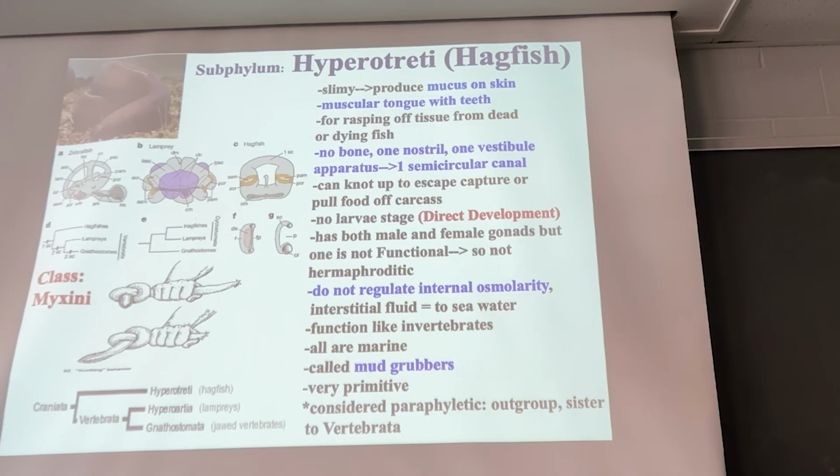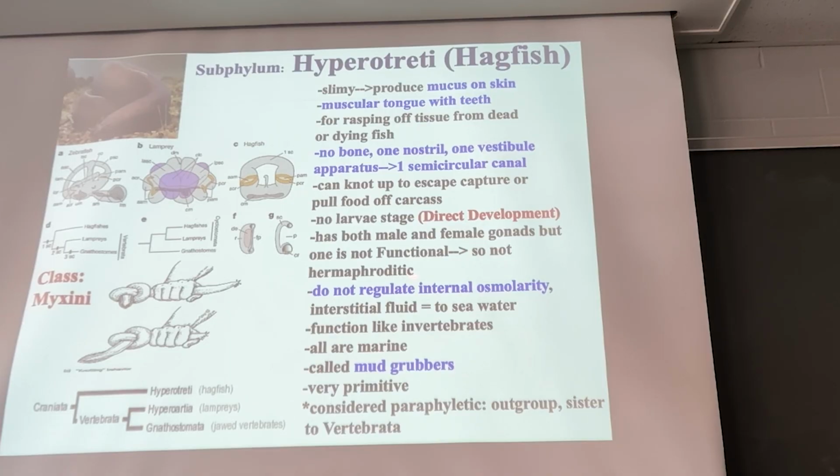But what's different about them compared to, say, a urochordate is that only one of them is functional. So really, they're either male or female, but have both gonads. Does that make sense? So that if you're a male, the testis is working, the ovary is non-functional. If you're a female, the ovary is working, the testis is not functioning. And so they're kind of interesting that way.